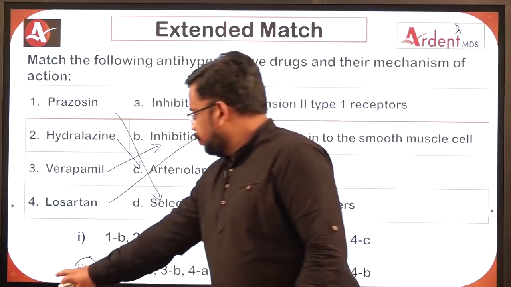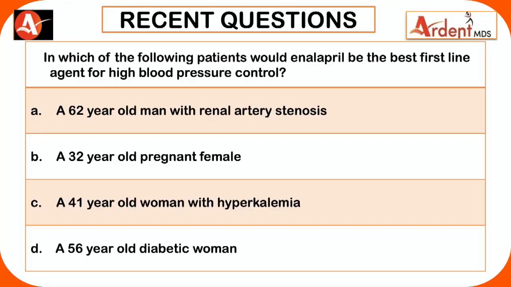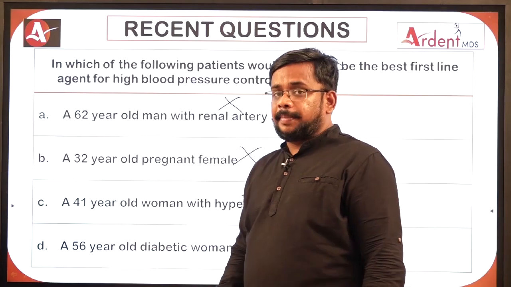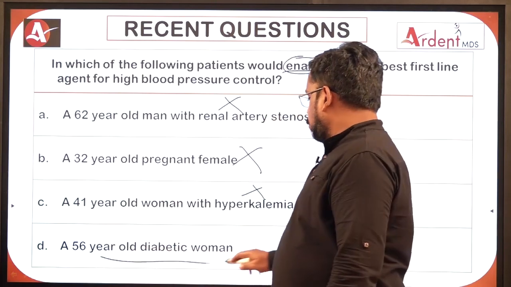Right. The next question is about the patient in whom enalapril would be the best first line agent for high blood pressure control. Which patient? Enalapril is an ACE inhibitor. ACE inhibitors are contraindicated in renal failure, pregnancy, and patients who have hyperkalemia because they themselves cause hyperkalemia.